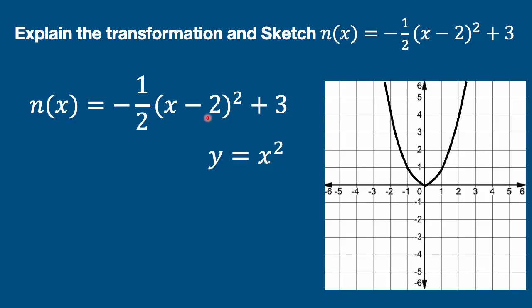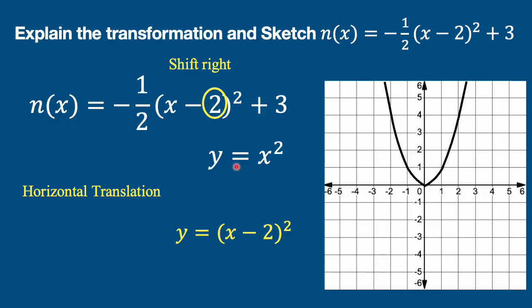So let's go to the horizontal translation. x minus 2 means shift to the right 2 units. So we have y equals x minus 2 squared. You shift this graph to the right, moved 2 units. That's the first step. You have figured it out.